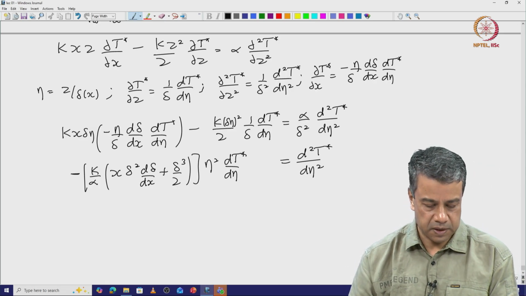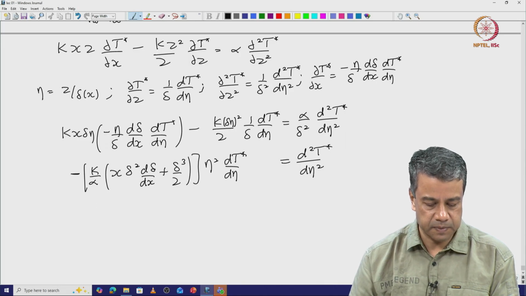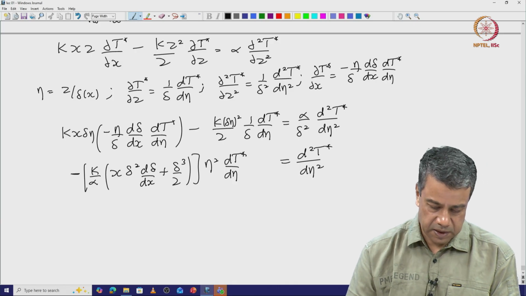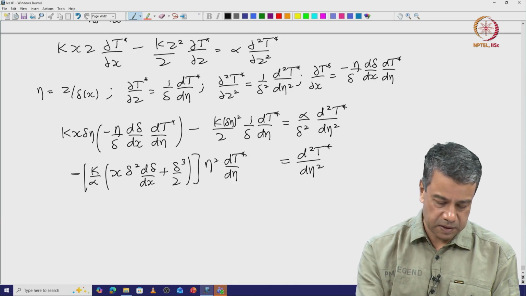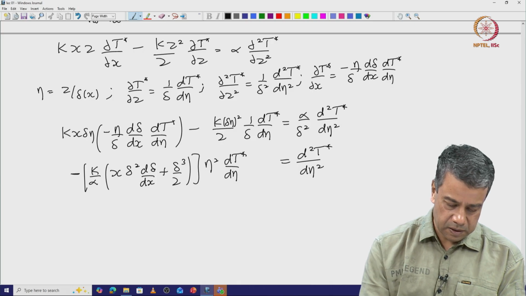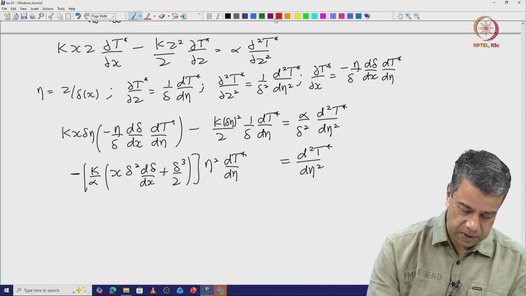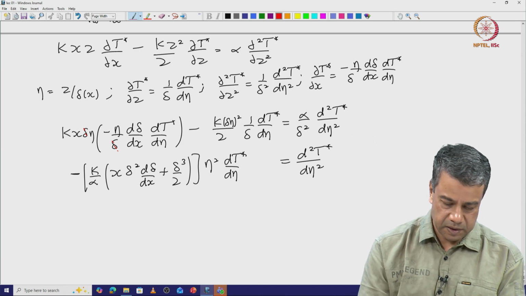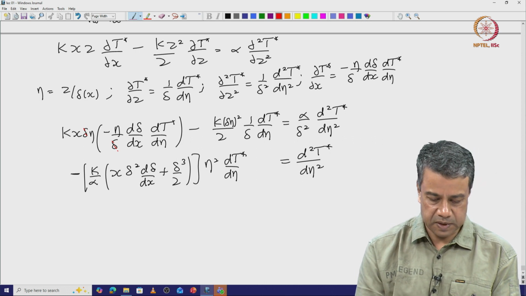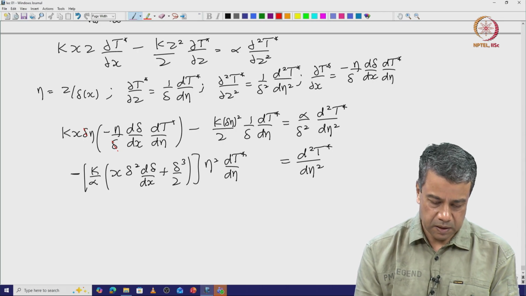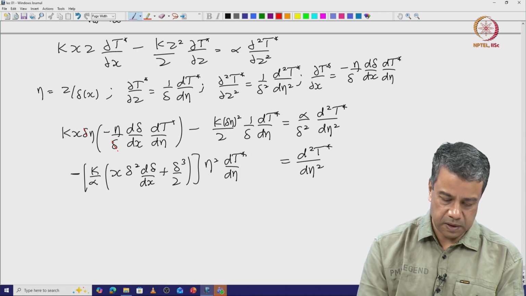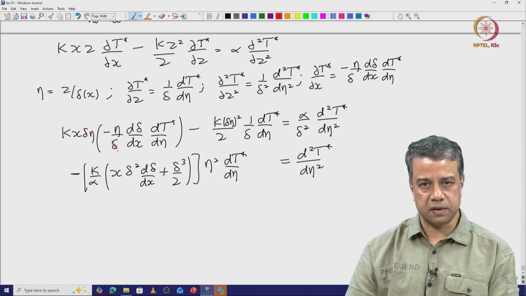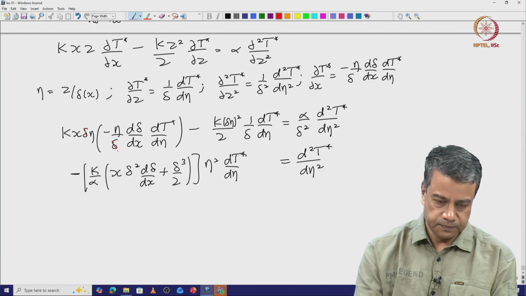That is the equation. So, I have x delta square d delta by dx, plus delta cubed by 2 into eta square. You can easily verify this. I had a 1 over delta square here, and therefore this delta and delta will cancel out. Eta to the second power appears on the left side in both the terms. And in the second term, the delta square and delta will cancel out, so I will just get a delta cubed.